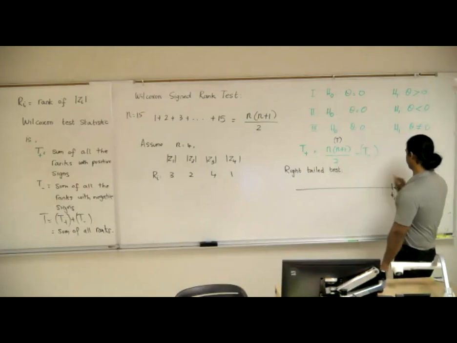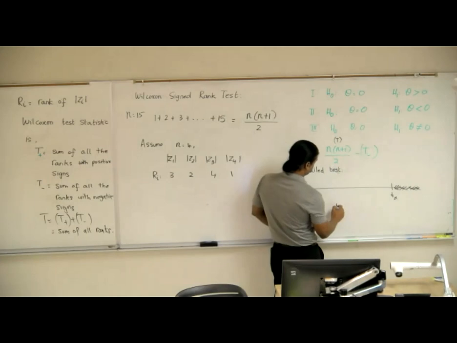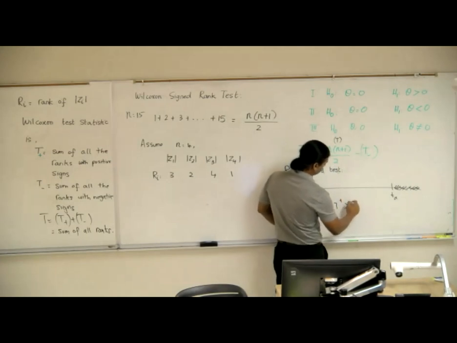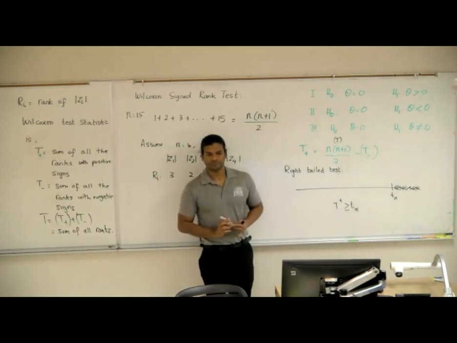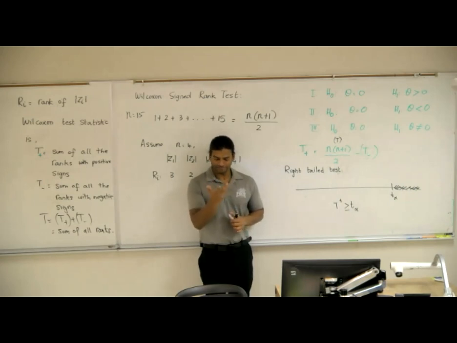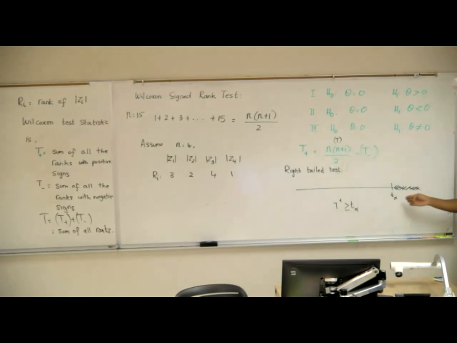If T plus is greater than T sub alpha, or greater than or equal to, in other words, the positive sign rank values exceed the critical value for the right tail test, it falls somewhere here.